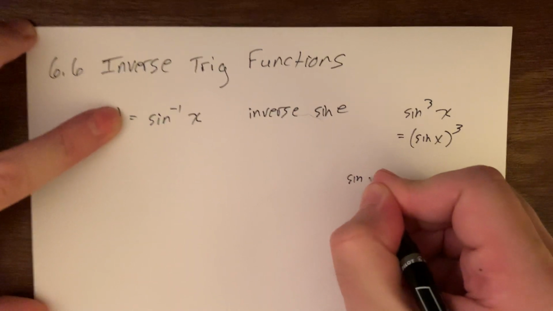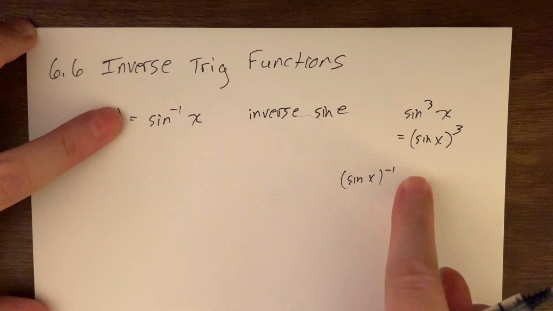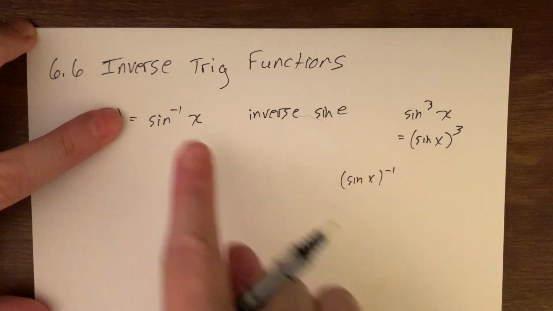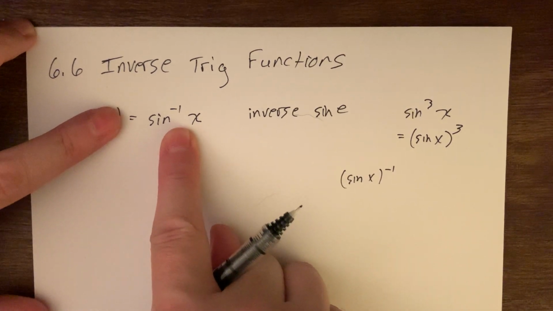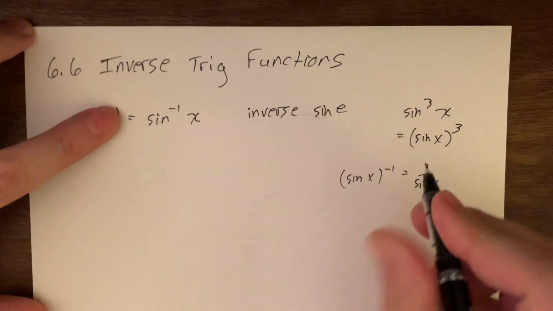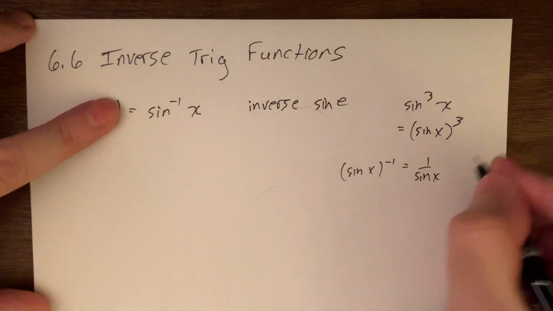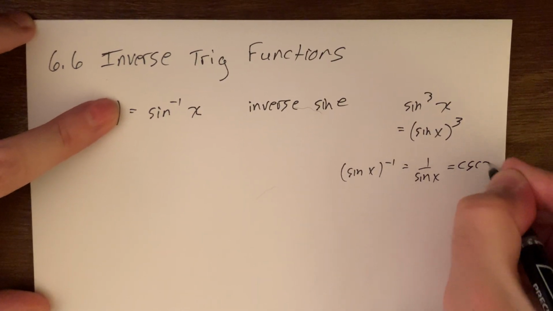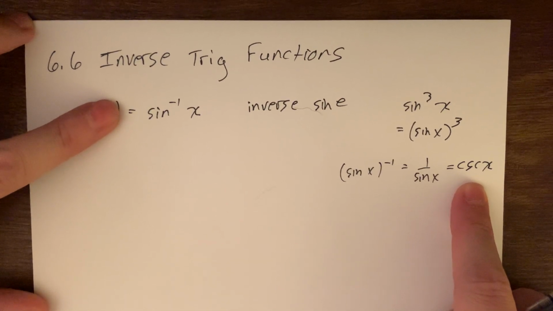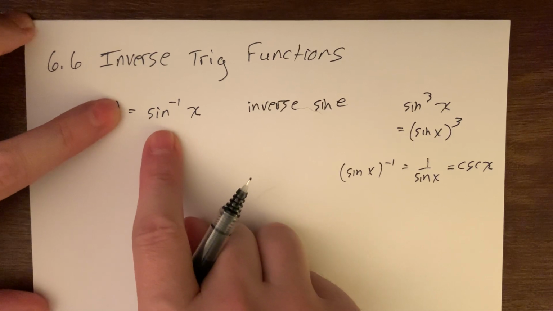Because if we really wanted to have sine to the negative 1 power, that's the one exception. You can't put that exponent here because that would be understood to be inverse sine. But that's not an issue because if you really wanted sine to the negative 1 power, that is 1 over sine, and that is cosecant. So we have an entire separate trig function for that. So that's the first thing I wanted to mention.